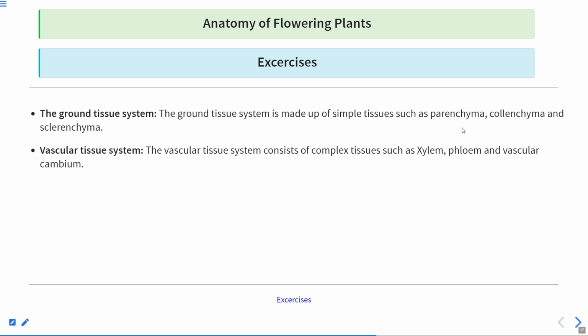So let us see what parenchyma cells are. Parenchyma cells are isodiametric cells, having a very thin outer membrane, or cell wall, and a large vacuole in the center. So the nucleus is shifted towards the periphery.